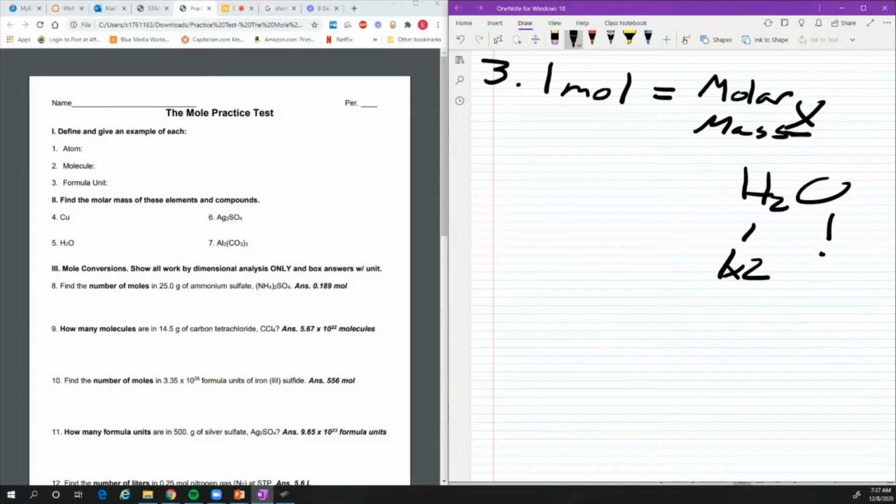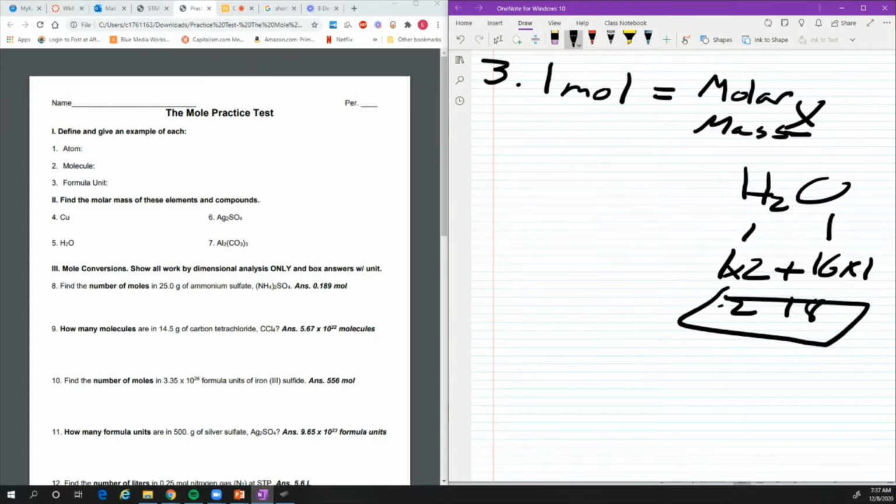Oxygen weighs basically 16. There's only 1 of them, so we multiply by 1, and then we just add everything up. So 2 times 1 is 2, plus 16 is 18. Sorry, 18 would be the molar mass for H2O.